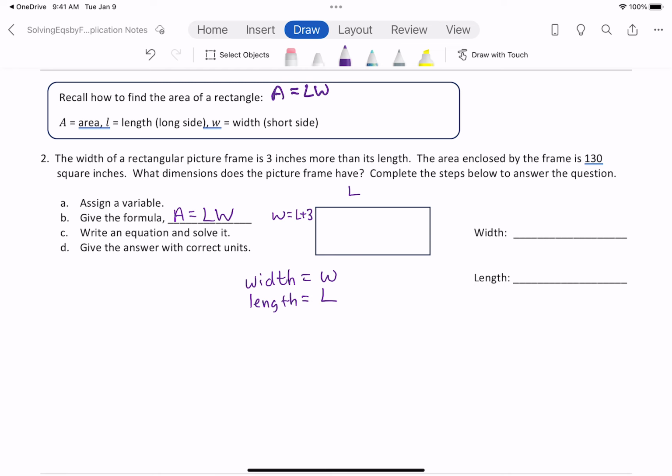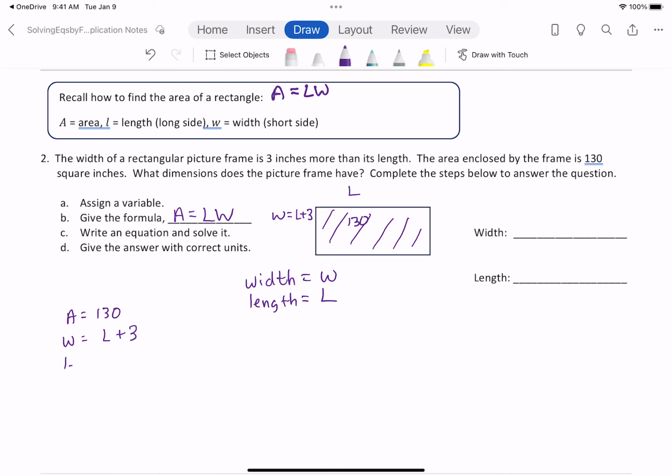The area enclosed by the frame, so that's all of this in here, right, is 130 square inches. So what I know is my area is 130, and I can represent width by the length plus 3.